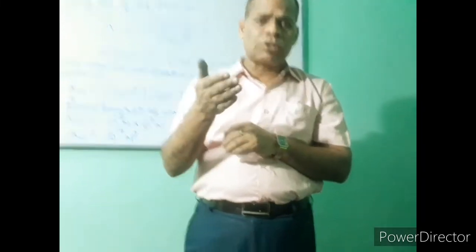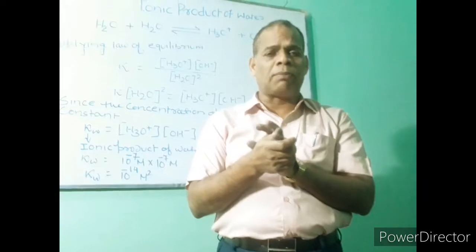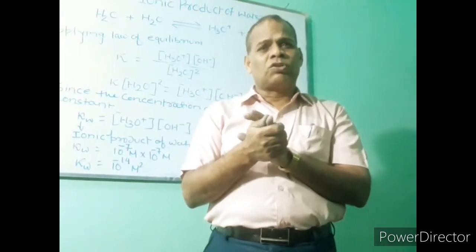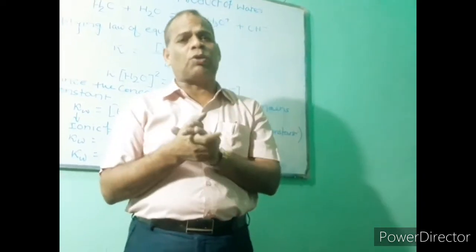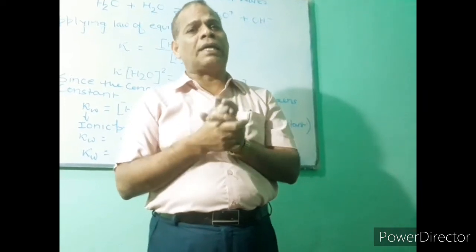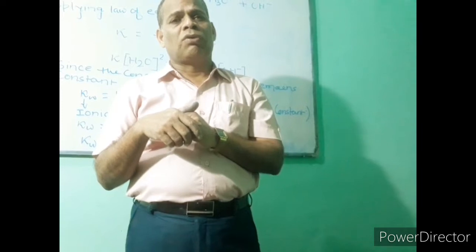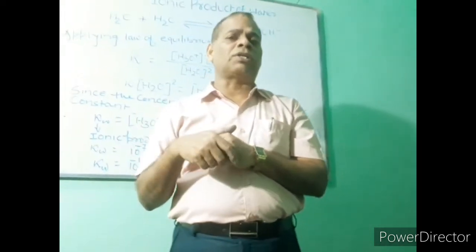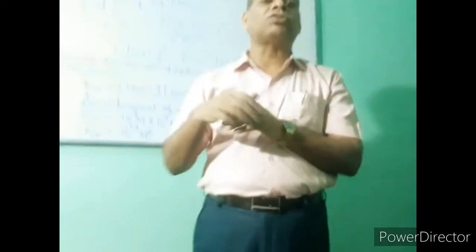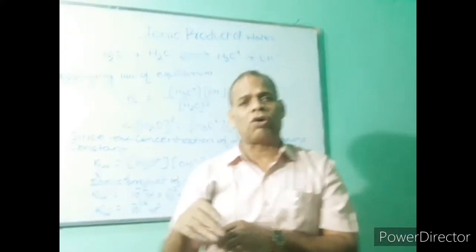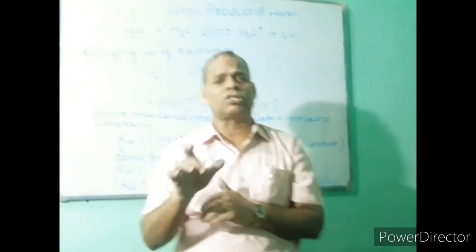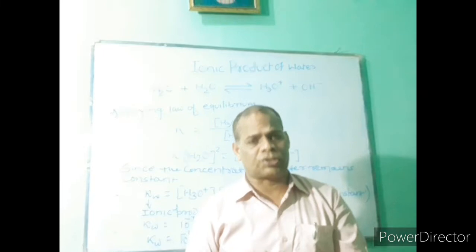In order to solve this problem, to find out the relative strength of hydrogen ion in a weak acid, we find out the equilibrium constant, also called ionization constant or dissociation constant.